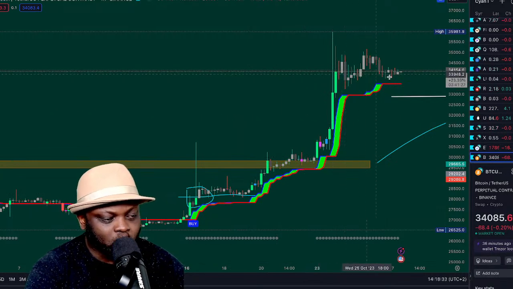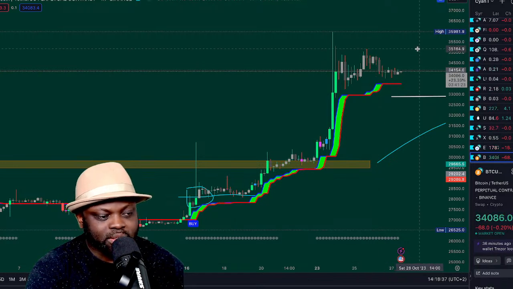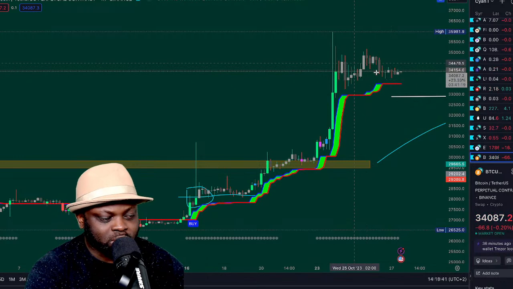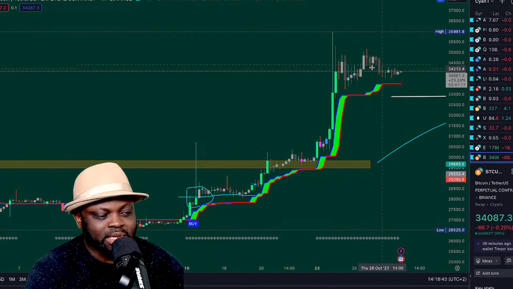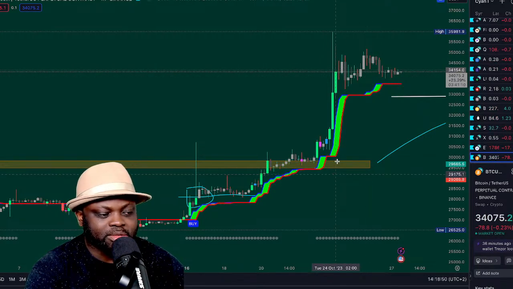Now you would be looking at ways to take profit from this bad boy, Bitcoin, because when you start seeing consolidation like this, it means two things: either price is about to retrace back to the downside, or price is going to keep going to the upside.